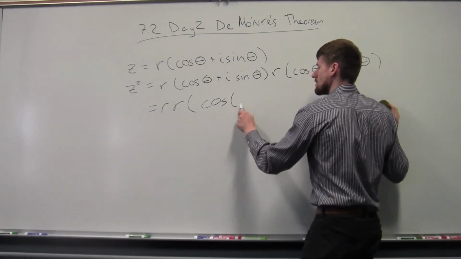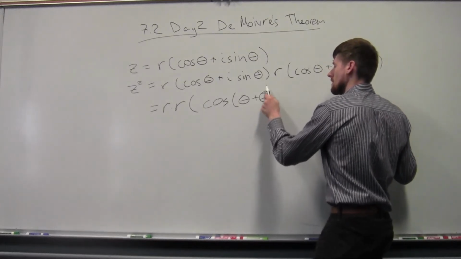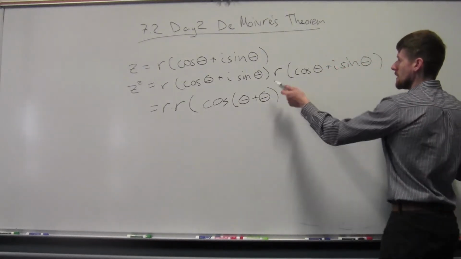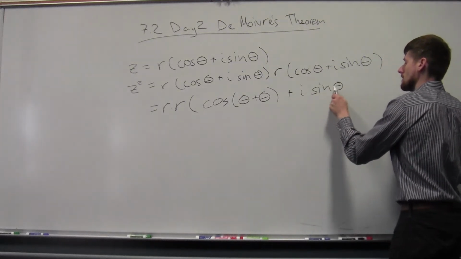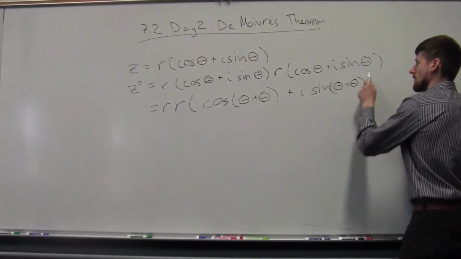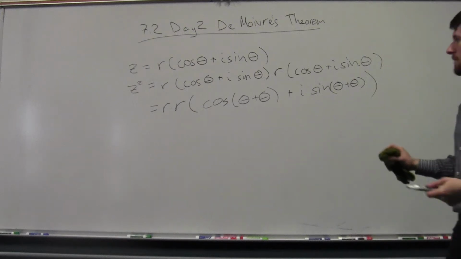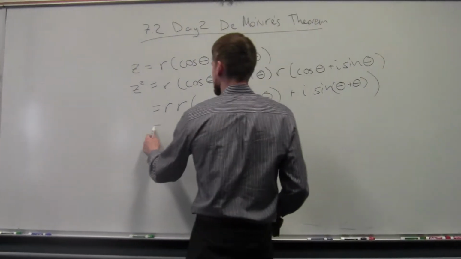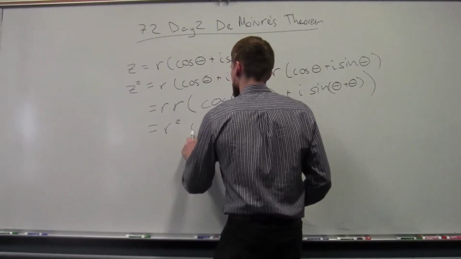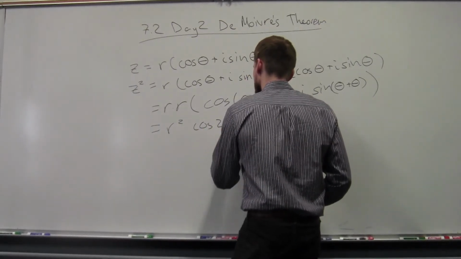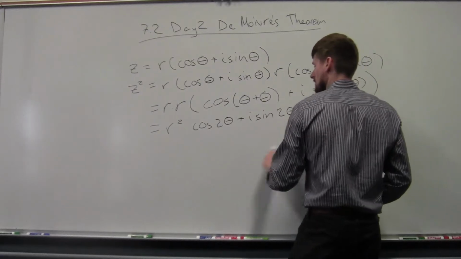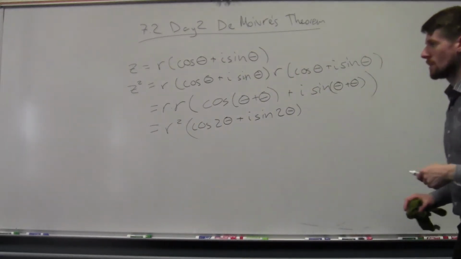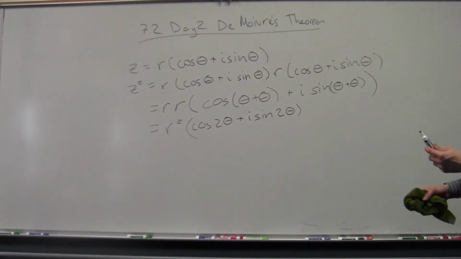So we end up getting cosine of theta plus theta, and for the other one, we're going to get I sine of theta plus theta. And what does this boil down to? Well, this is r squared cosine of 2 theta plus I sine of 2 theta. Seems to work for z squared.